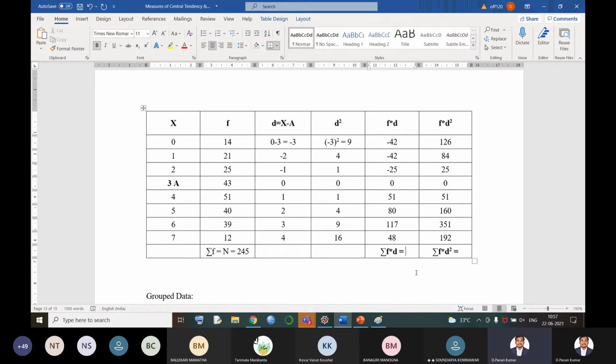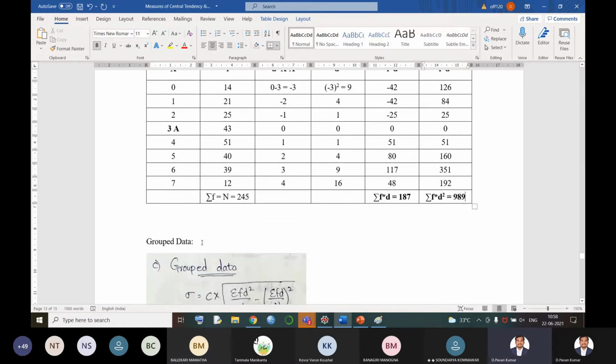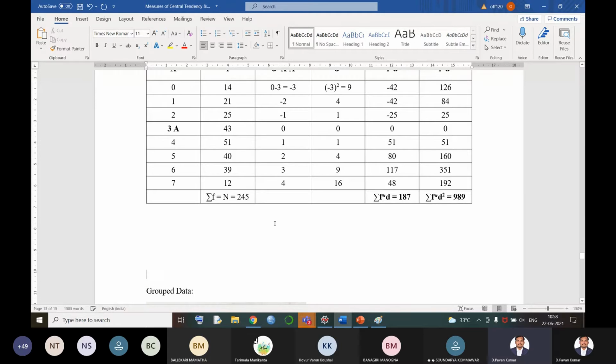So what would be the answer for summation fd here? It is 187. And the last column total is 980.